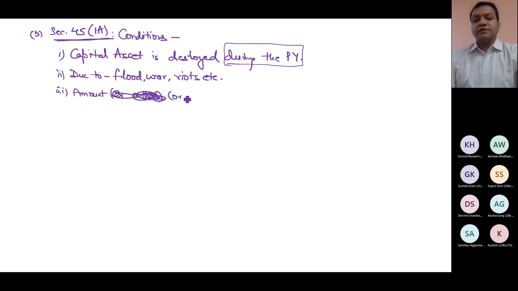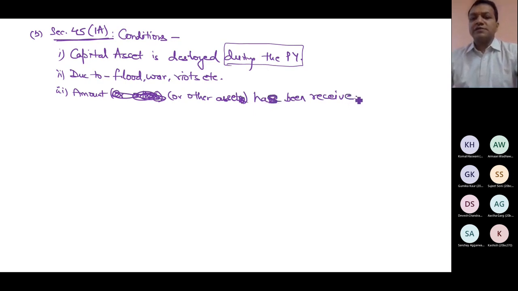The amount or other asset has been received from the insurance company.